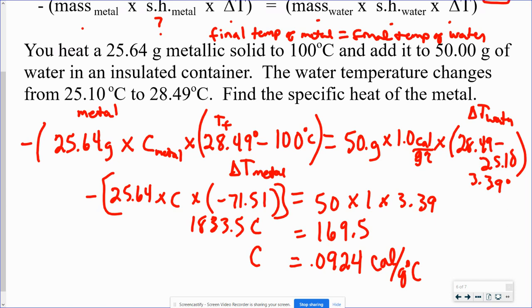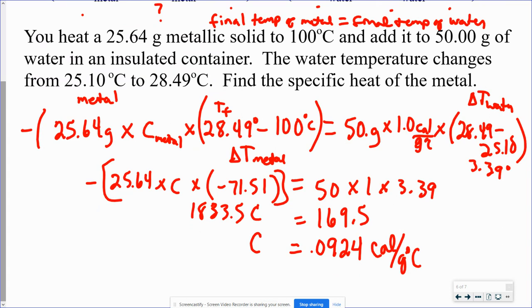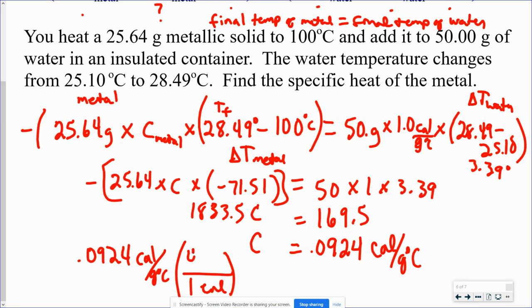If I needed it to be in joules, then I could just do that conversion, 0.0924 calories per gram degree Celsius. 1 calorie is 4.184 joules. So multiplying that times 4.184, I would have it in 0.387 joules per gram degree Celsius if I needed my answer in joules.